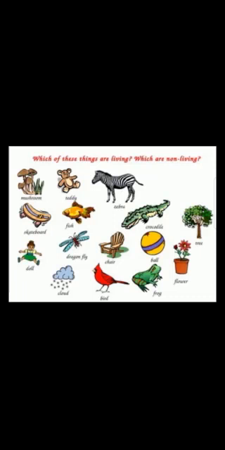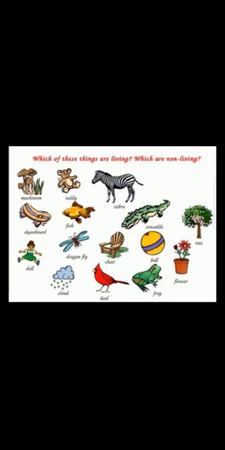As homework, you will have to do this activity for me. Which of these things are living? Which are non-living? So you divide your copybook into two columns. One you write living things, and the other side you write non-living things. Then you decide accordingly. You look at the pictures and see whether it is a living or non-living thing. Then you write down in the proper and appropriate column.